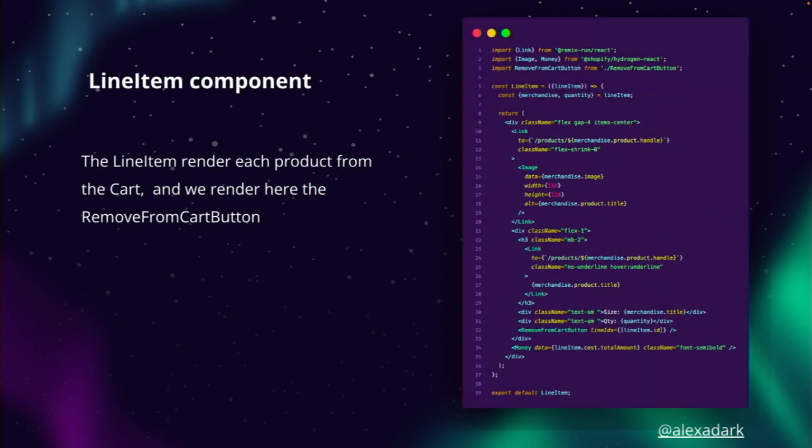And so we have the line item component that will render each product from the cart. And here we also render the remove from cart button. So we have this little button that I wanted to show you to remove items from the cart.